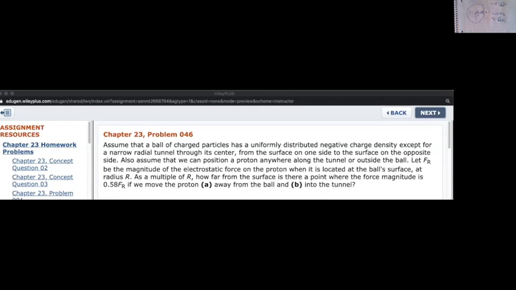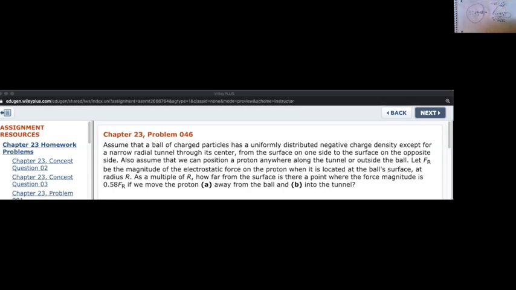So how you do this problem is we know what F_R is here, and we know what F is, and so we need to solve this expression. You're going to put this in here, and then substitute this in for right here.